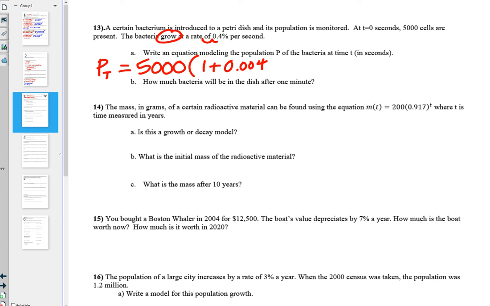So 0.004 to the power of t. Again, you don't have to write that; if you were to leave it out, I could live with it as long as you write the more important one. You write 1.004.